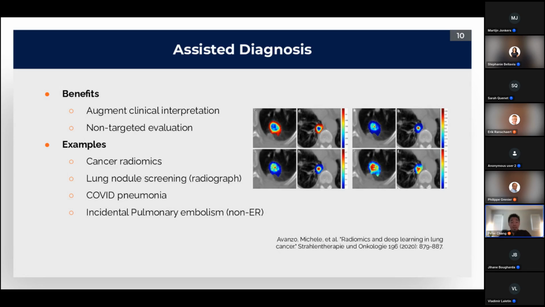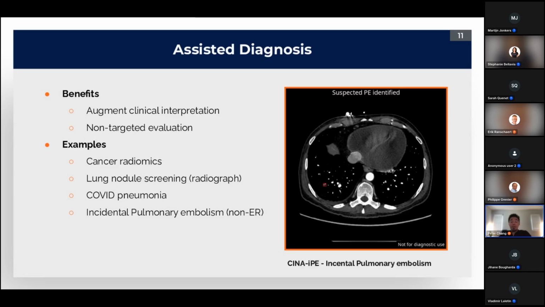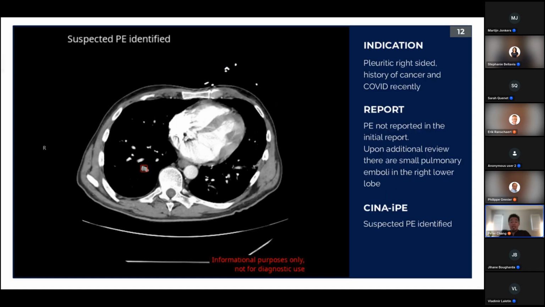In terms of non-targeted evaluation, incidental PE is perhaps one of the most popular and common use cases. Here's a classic example of a patient who is obtaining a routine follow-up chest CT for the purposes of cancer workup, right?